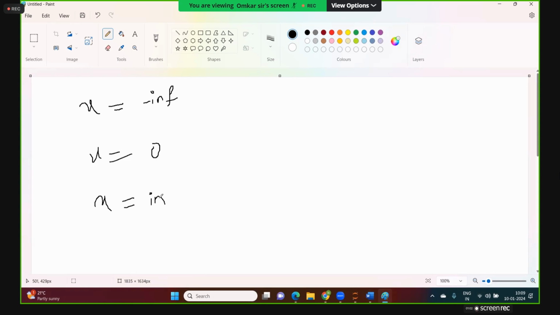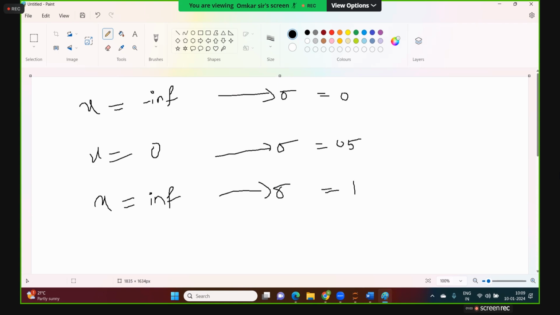This is your real line. When x equal to minus infinity, what is the sigmoid value? 0. When x is 0, what is the sigmoid value? 0.5. When it is infinity, what is the sigmoid value? 1. Now draw the graph.